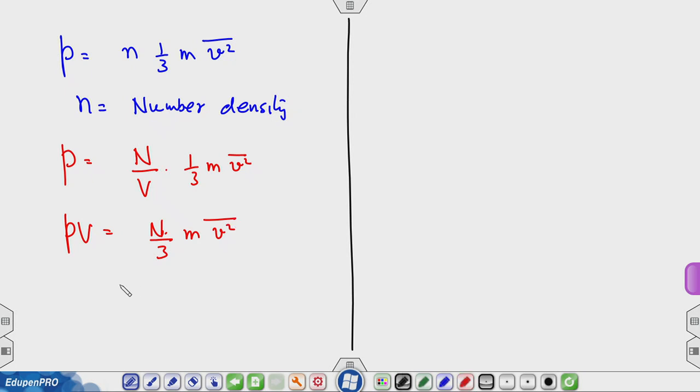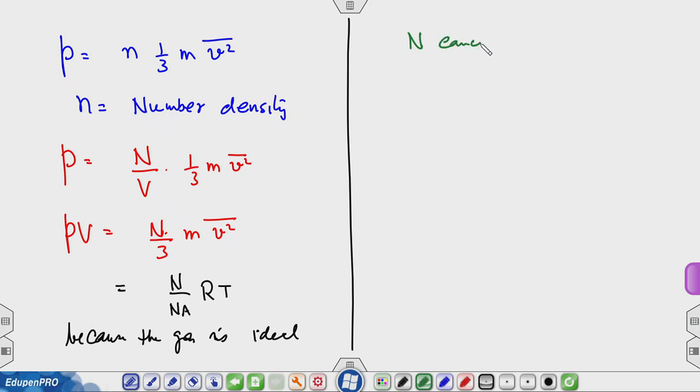And this should equal the number of moles, so N divided by Na RT, because the gas is ideal. Now capital N cancels, and that gives you 1/3 n Avogadro m v square average is equal to RT.